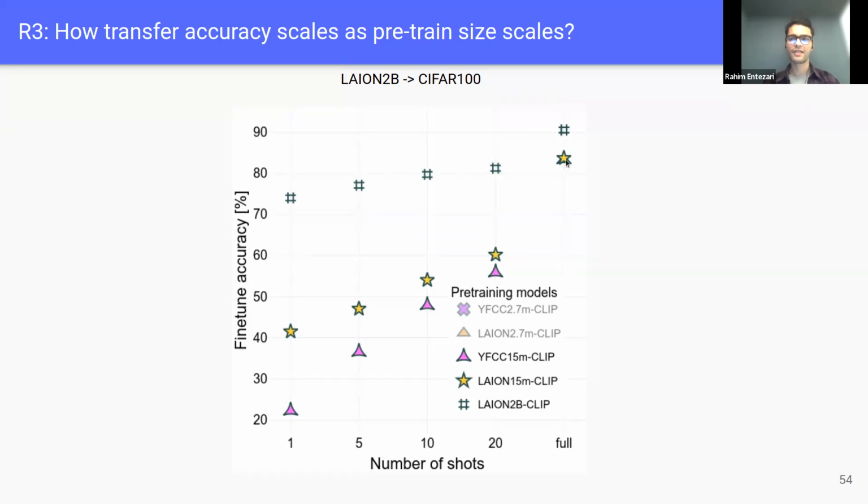So if you can get checkpoints from Hugging Face that are already trained on 2 billion or 5 billion, it really makes sense not only for full shot, but also for one shot and probably zero shot. That's why people in the community are going for more and more. Not only for zero shot, but also for transfer learning, it makes sense to have more and more data, and by more I mean billion scale, not million like this one.